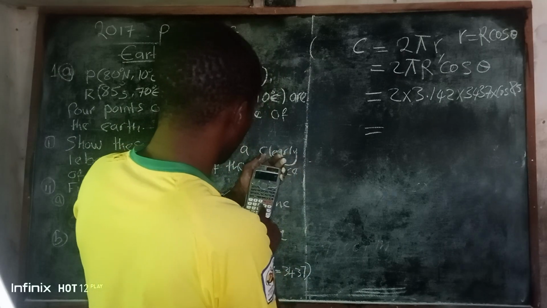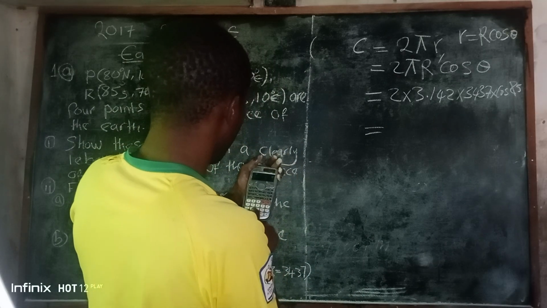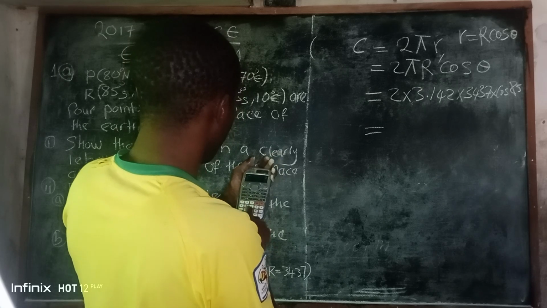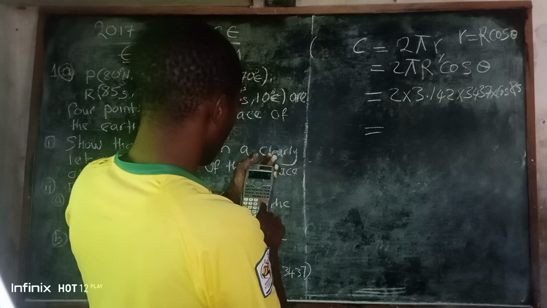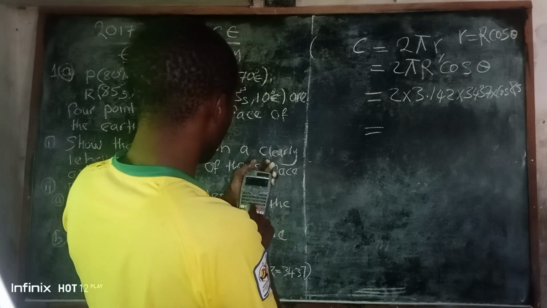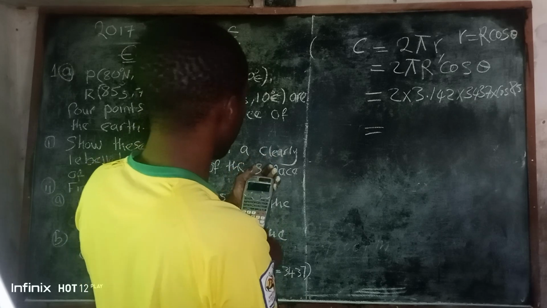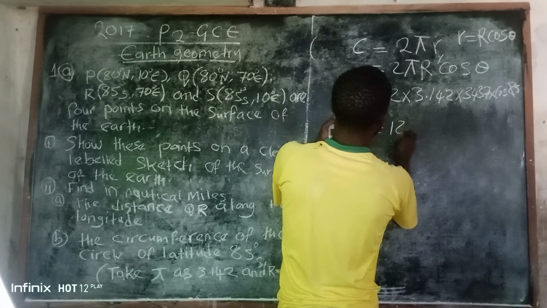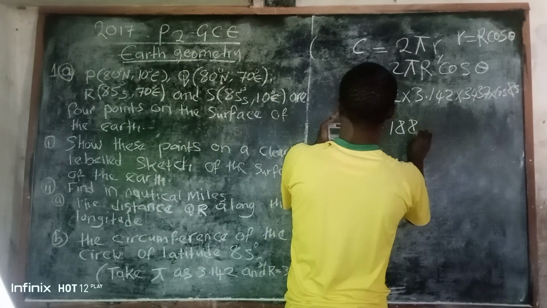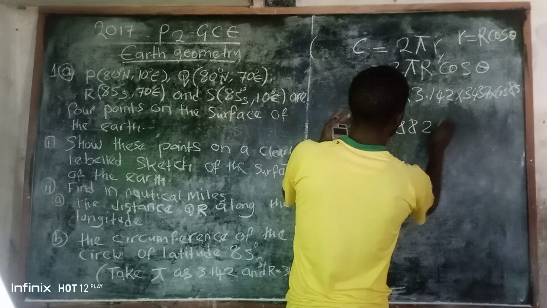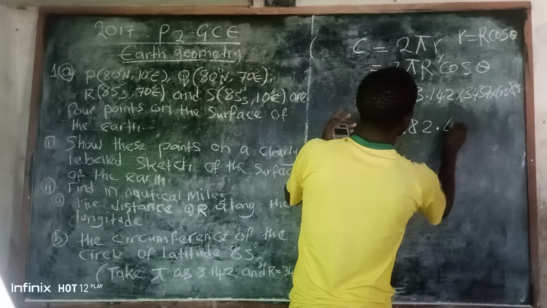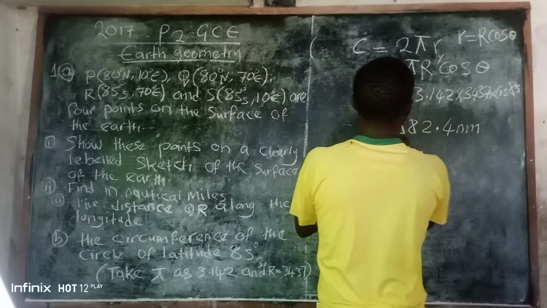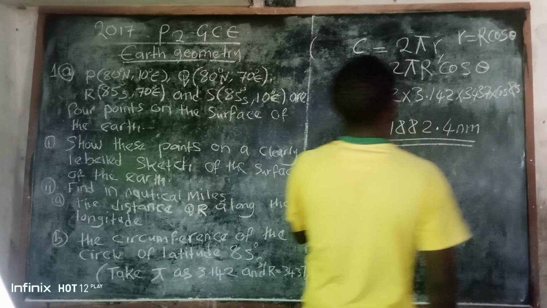We are saying 2 times 3.142 times 3437 times cos 85. The answer is 1882.4 nautical miles. That is the circumference.